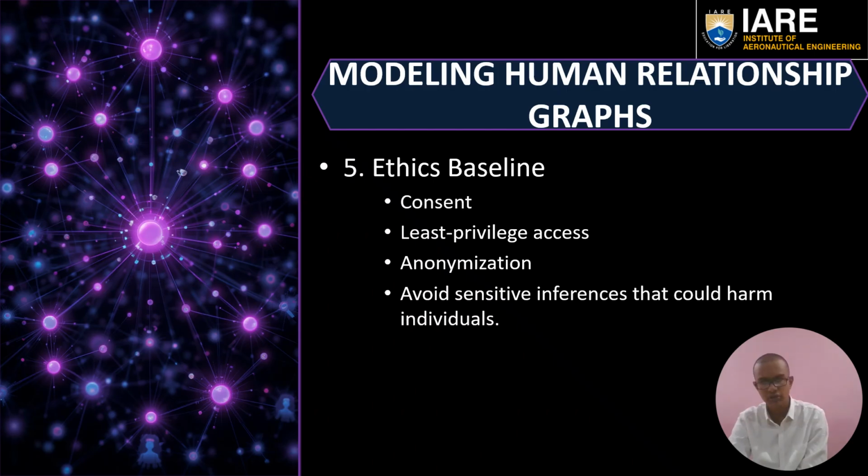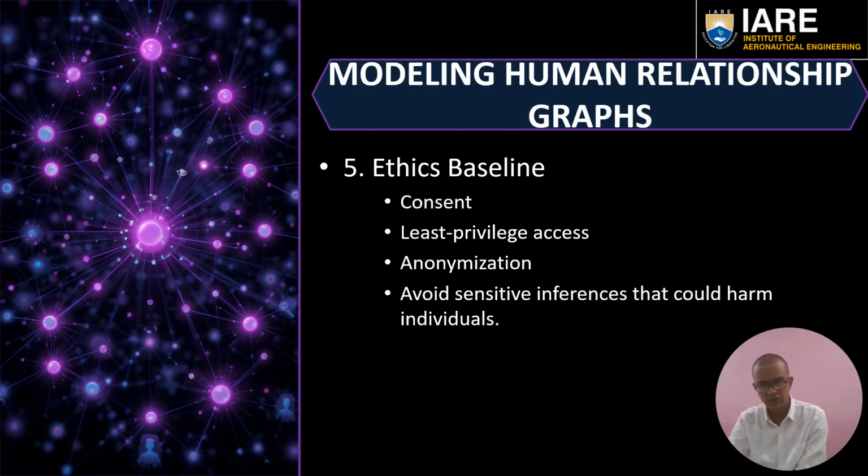Now let's discuss the fifth aspect, the final aspect of modeling human relationship graphs: the ethics baseline. Here, four things matter the most. The first one is consent of the user. The second one is access, the least privilege access.